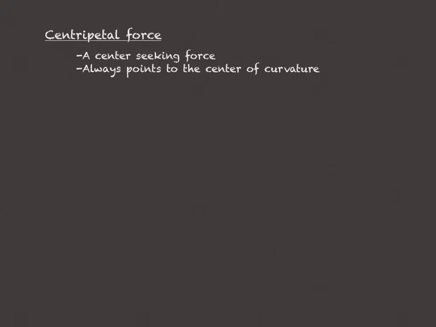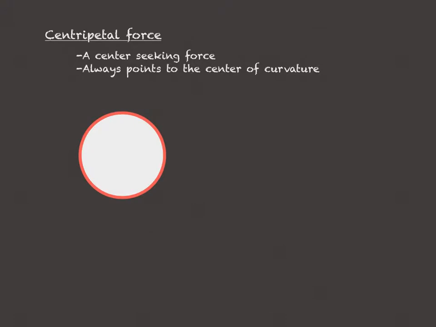All right, so the next part of this chapter is centripetal force. If you remember from last year, centripetal means center seeking, which always points to the center of curvature. Okay, so in circular motion, if the object is at this location, we have a force that's going to cause it to move in that circular path.